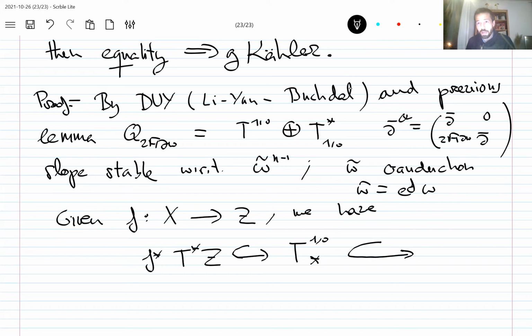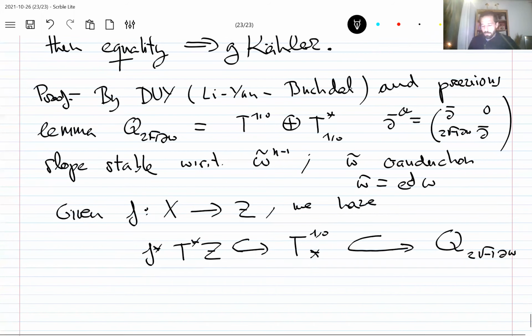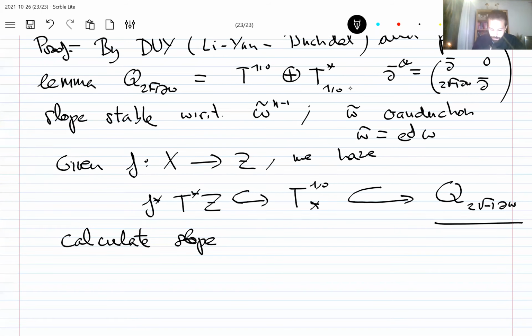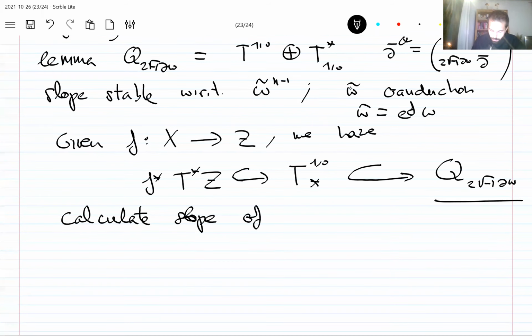And of course, because we have a holomorphic Courant algebroid, this fits inside Q, 2 square root of minus 1 del omega. Now from this subsheaf, you just calculate the slope. You just have to realize that the degree of this is 0, because this is orthogonal. So this finishes the proof.